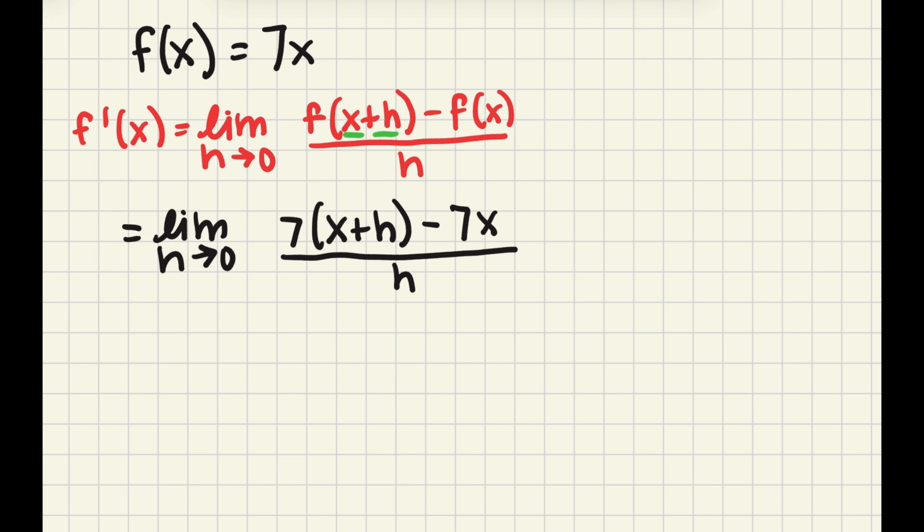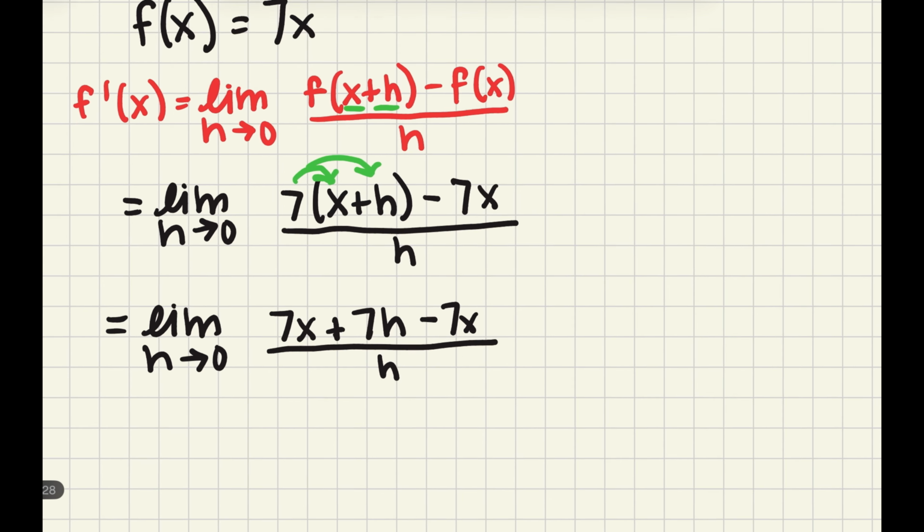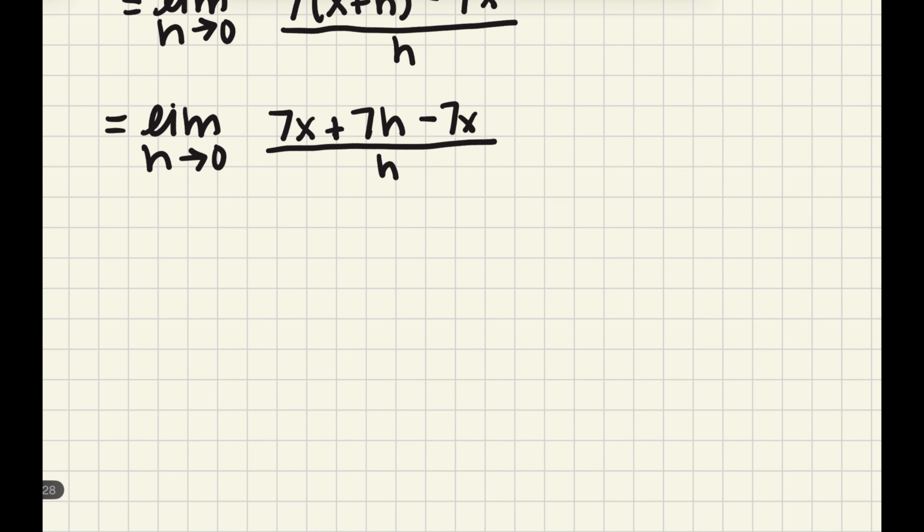over h. So our next steps are going to be to distribute this 7 right here. So that's going to give us 7x, and this is going to give us 7h. Let's write that out. So the limit as h approaches 0 is 7x plus 7h minus 7x over h. Okay, and maybe you can already see it, but this 7x right here is going to cancel out with this negative 7x.